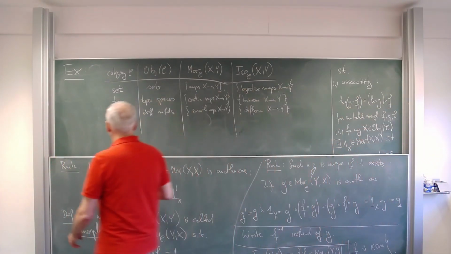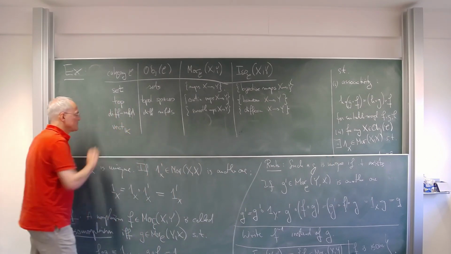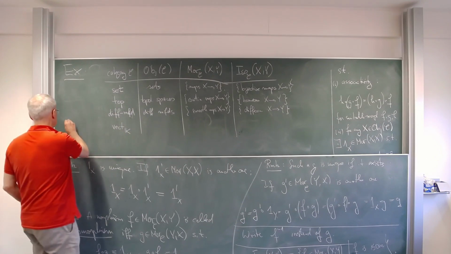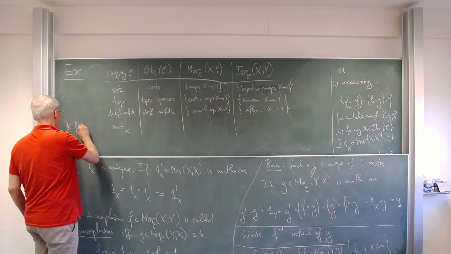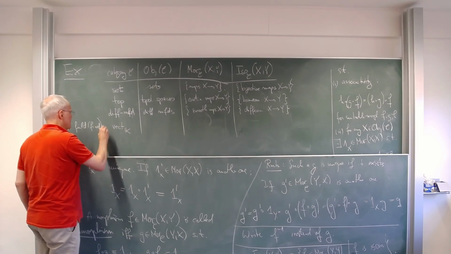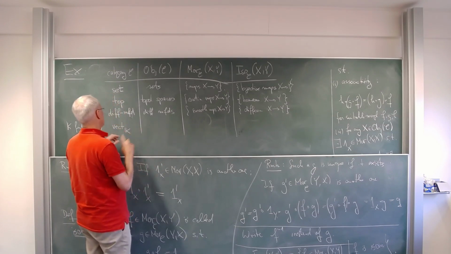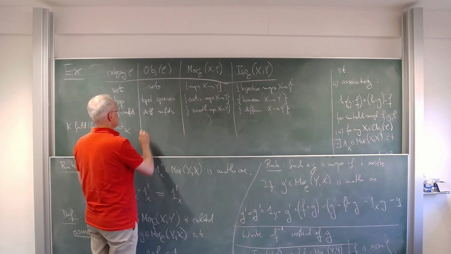Good. Then, what else do I have on my list here? Well, an important one is this one. We fix a field K. K is a fixed field. And then we have the category of all K vector spaces.